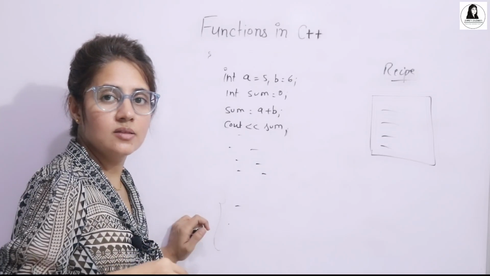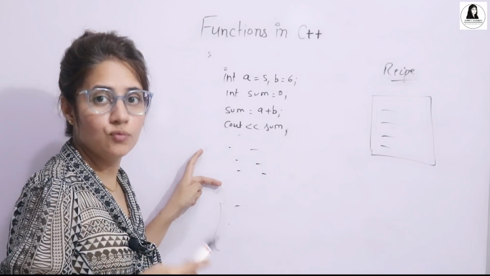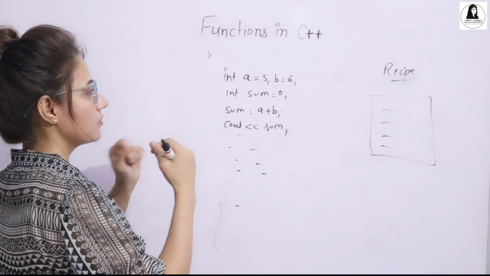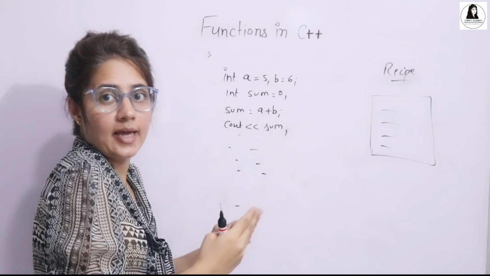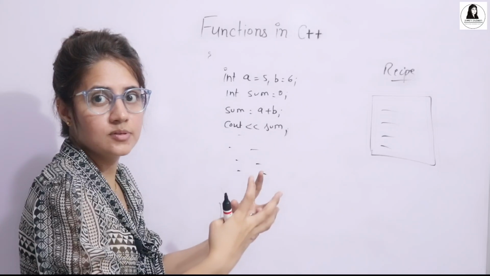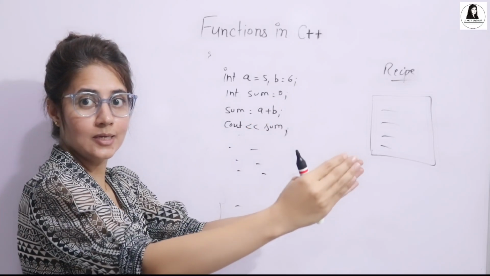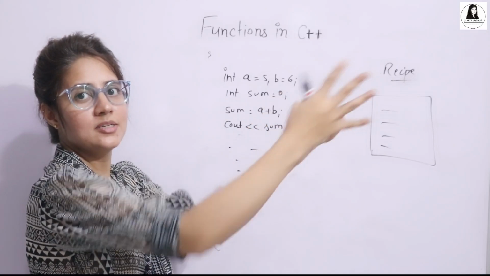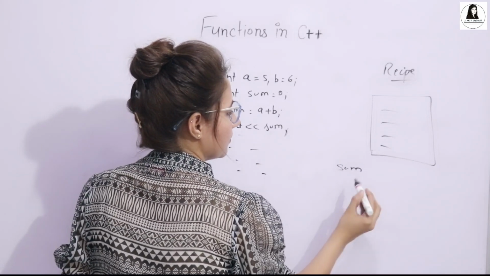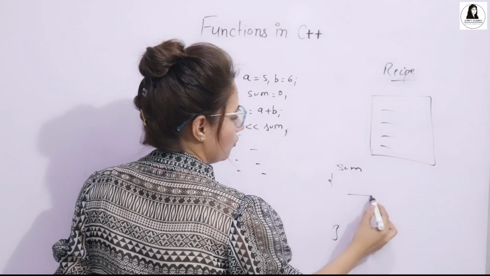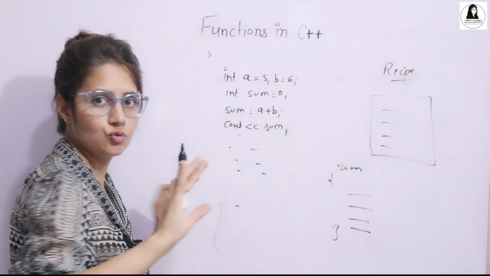So rather than repeating the same steps again and again, what we can do is write down the steps which are repeated again and again in a separate block, and we name it something. So I just name it sum, and here write down these 4 or 5 statements to calculate the sum.